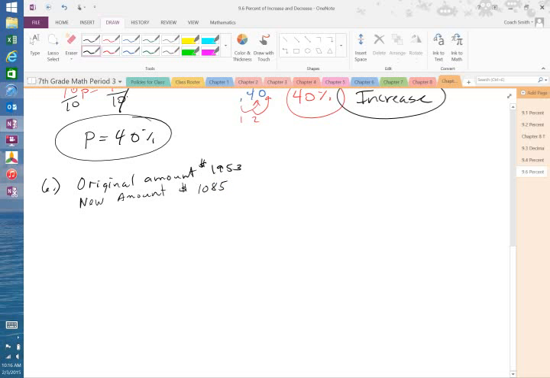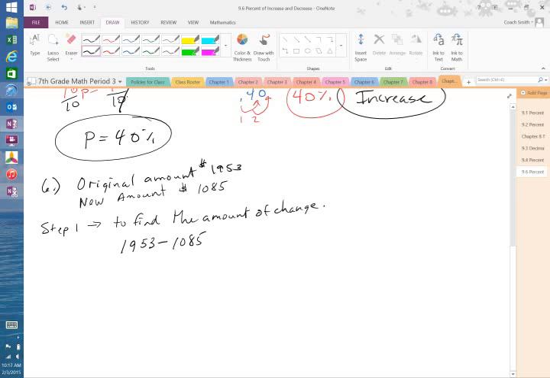Okay. So, step one is to find the amount of change. The amount of change means we're going to take 1,953 minus 1,085.